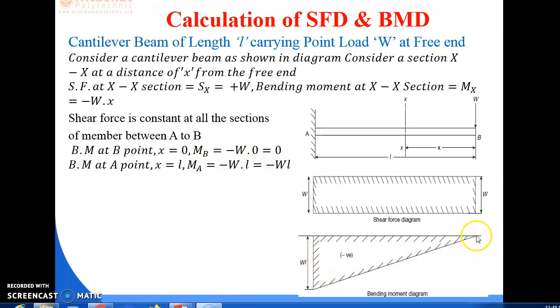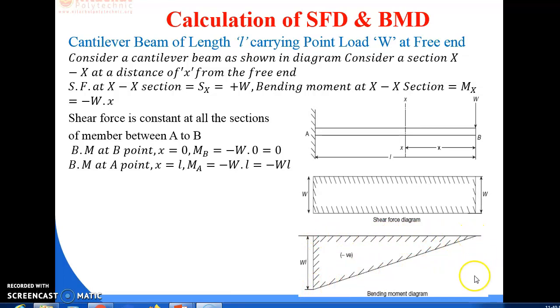We have seen that the B value is 0 and the A value is WL, and it is in the negative direction. Why is it so? We have taken W as downward, so negative bending moment is produced by the downward force. B value is 0 and WL is at point A. Now this is the magnitude WL, and this is the point, it's 0. So we join the line from point B to A, and that will be a line inclined to the horizontal line.